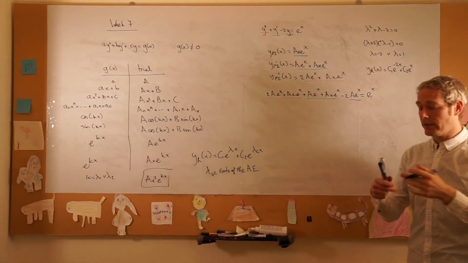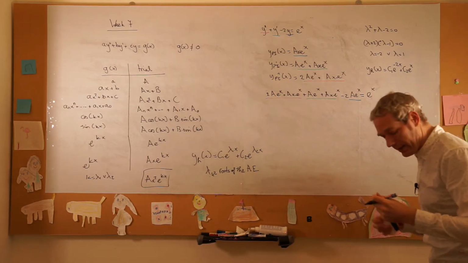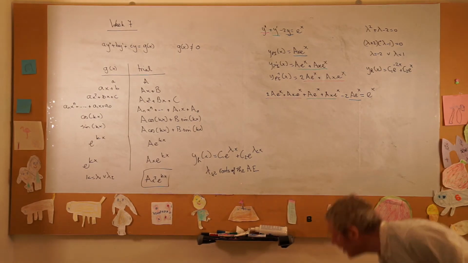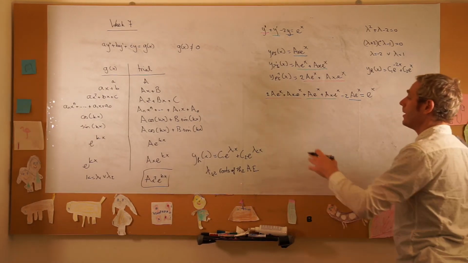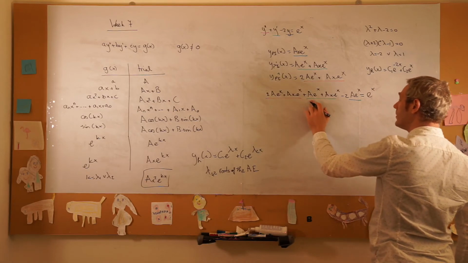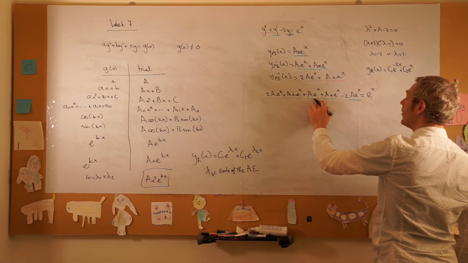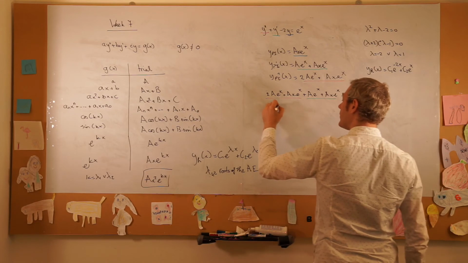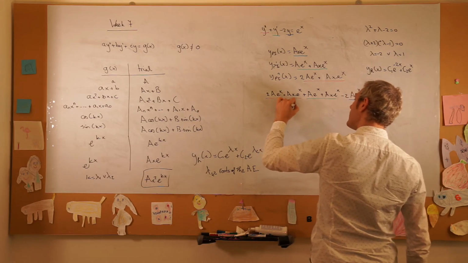So we've plugged it all into the equation, and our goal here is to find the value of a. Well, I have 2a e to the power of x plus a e to the power of x, and that's it. So I have 3a e to the power of x.